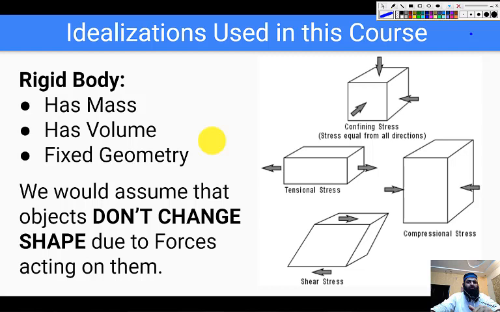But if I assume that the shape of the glass does not change, I won't be making a very big error in the calculation. I would still be able to solve for all the forces, for all the unknowns, without making any big errors. So that is why we are able to use this generalization and idealization.